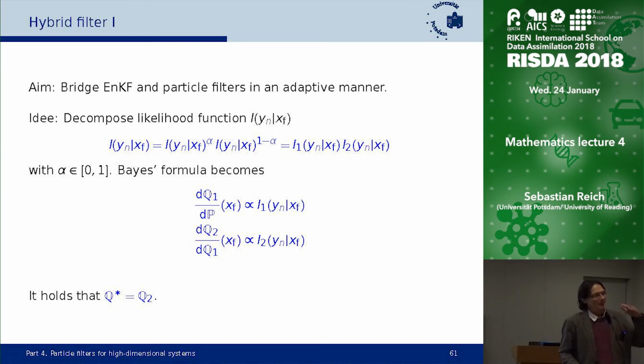And then let's say you apply a particle filter for the first thing and the ENKF to the second, and then you can bridge by choosing alpha equal to 0, then the particle filter would disappear and the ENKF takes over, or you take alpha equal to 1, then it's the other way around. And then the question is, is it better to first use the particle filter or the ENKF? We personally found that using the particle filter first helps.